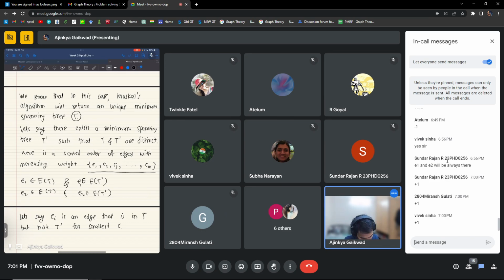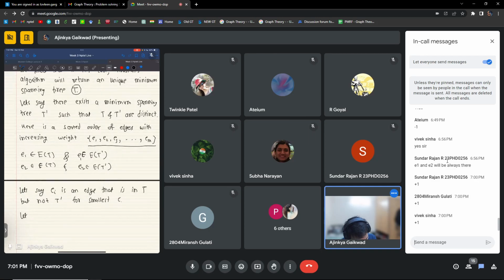So let's consider T double prime, which is T prime union EI. Let's consider this for now. I know EI is an edge which is not there in T prime, so I take that edge EI and add it to T prime.